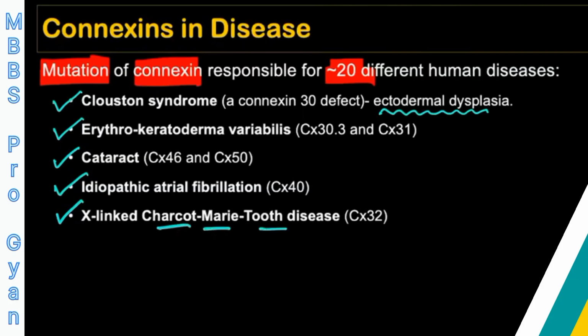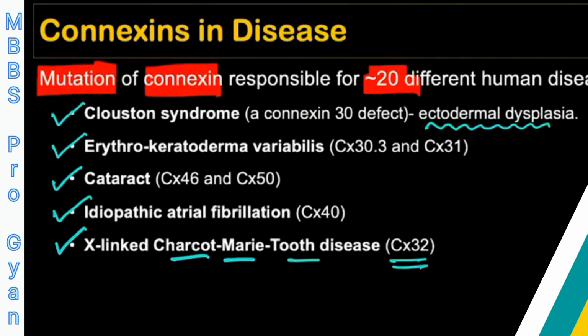All of you know that Charcot-Marie-Tooth disease is basically a disease of the peripheral nervous system along with muscle weakness. Here the subunit of connexin that is mutated is also given: connexin 32, connexin 40, connexin 50 and 46. You may remember these subunits, but it is not essential because it is very difficult to remember all of them. But at least remember that these are the diseases which originate due to mutation of the connexin subunit of the gap junction protein, right?